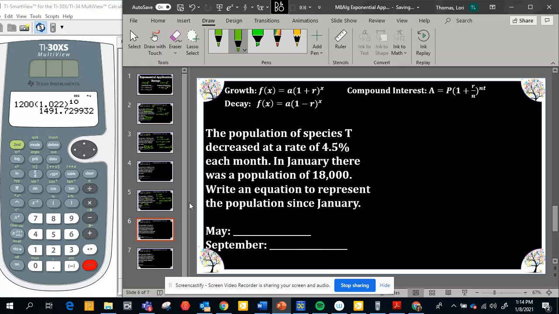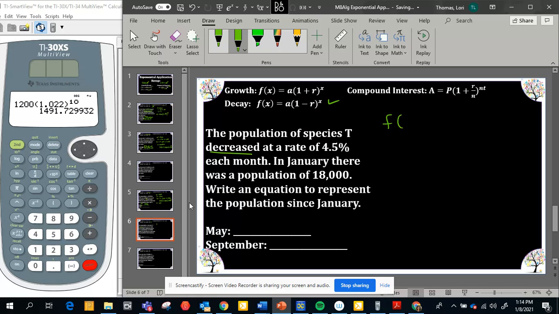The population of species T decreased at a rate of 4.5% each month. In January, there was a population of 18,000. So we're going to write an equation to represent the population since January. We're not going to use anything compounded, and it says decrease, so we're going to use 1 minus.